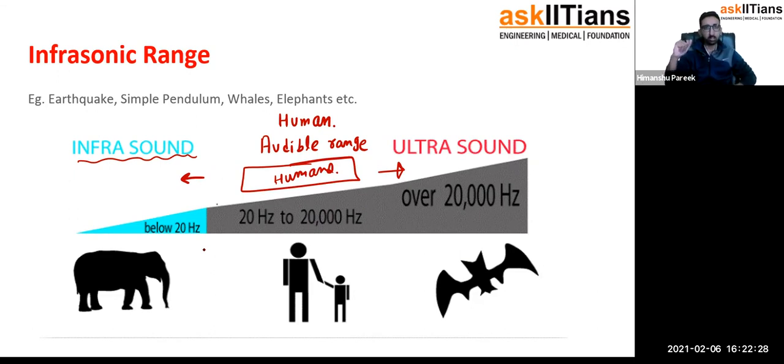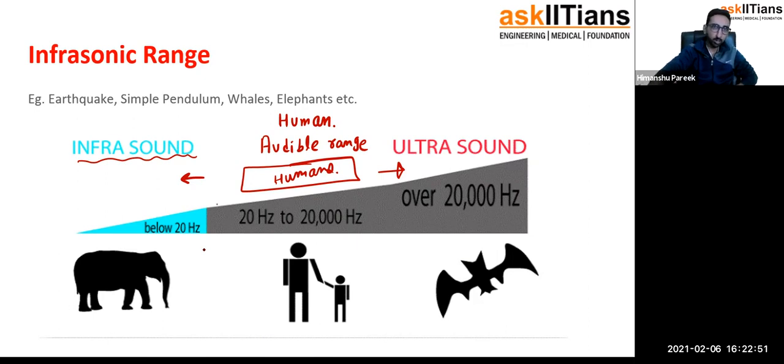Now let us talk about them with a few examples: the infrasonic, ultrasound, and the human audible range. I don't think the human audible range needs more examples. We are the humans, so we ourselves are the example; we are able to hear 20 hertz to 20,000 hertz. Let us talk about infrasonic.